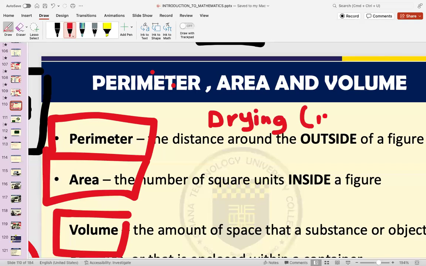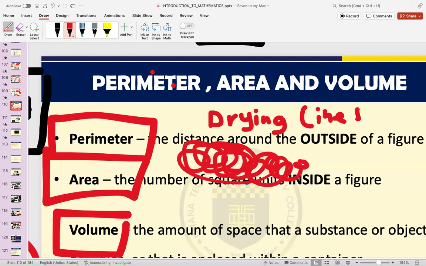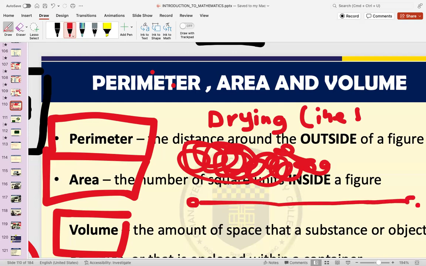You see that the drying lines you buy, when you are buying them, they are folded. They are folded in a certain way. If you care to know the length, all you do is that you stretch it from one point to the other point. And so probably you were looking for 20 meters.